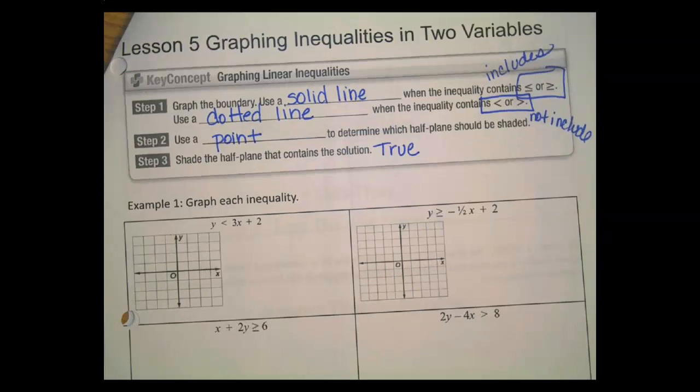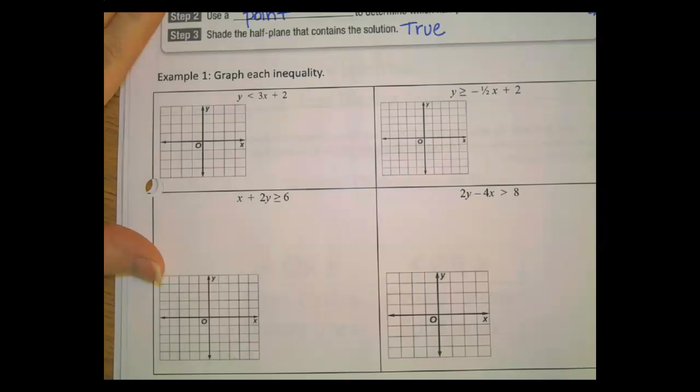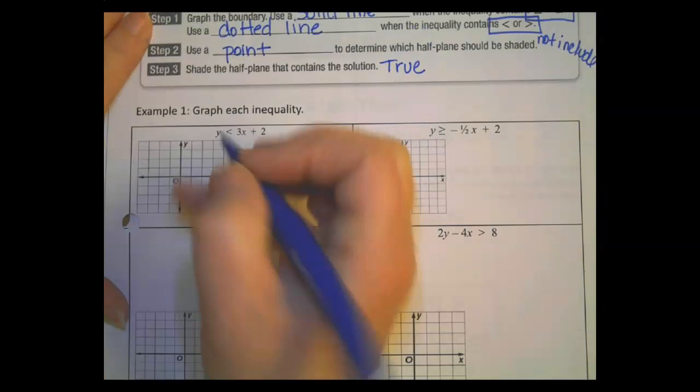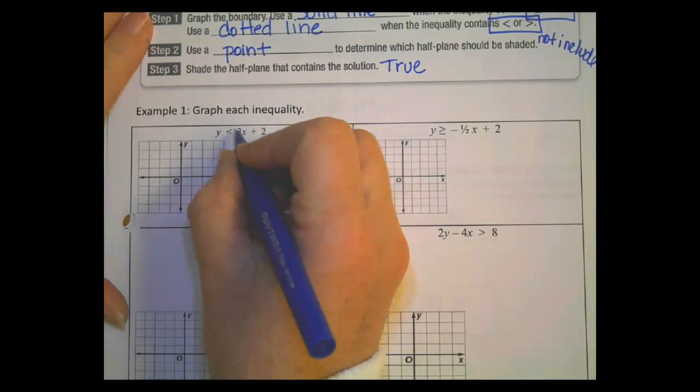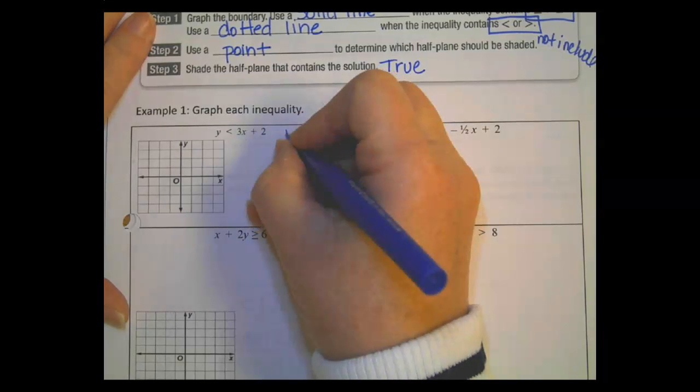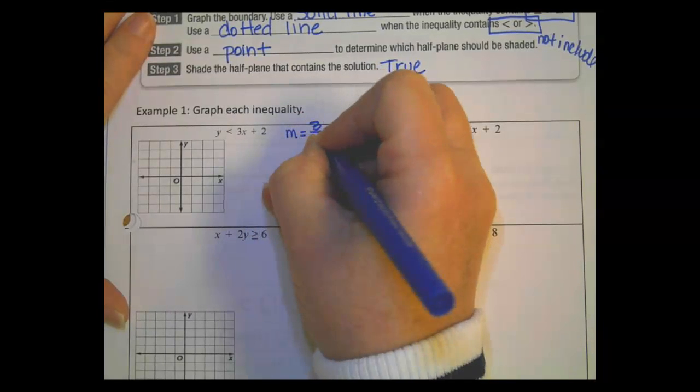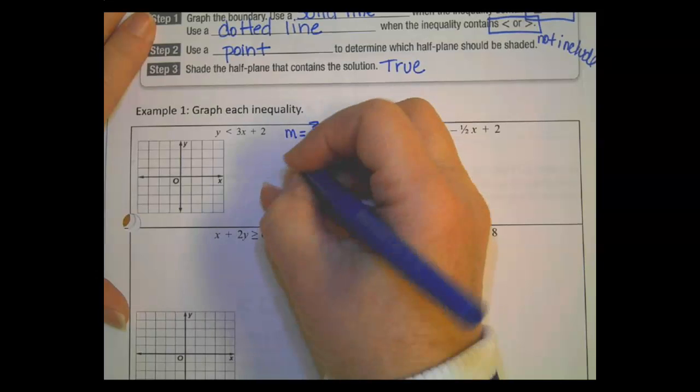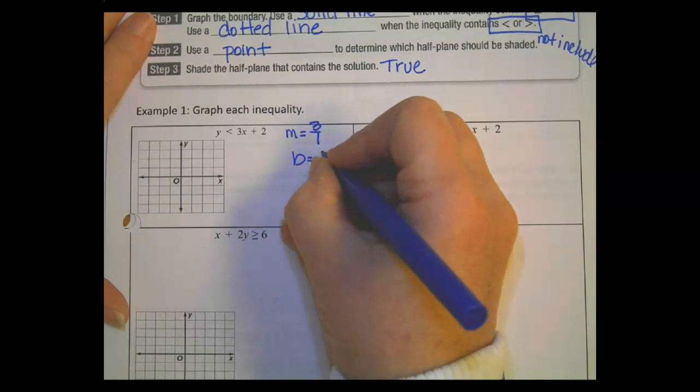And I have another way to look at this. I'll show you a picture. Anyway, so let's try this. So again, think of this as an equal sign. This is y equals, you know how to graph. My slope is 3/1. My y-intercept is 2.